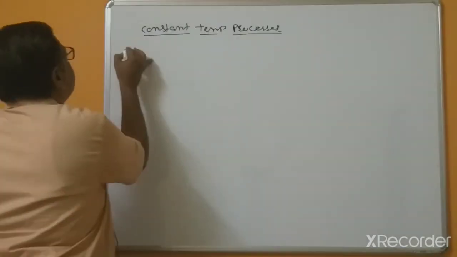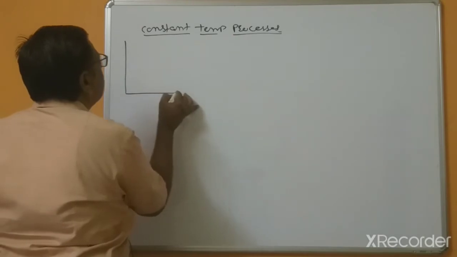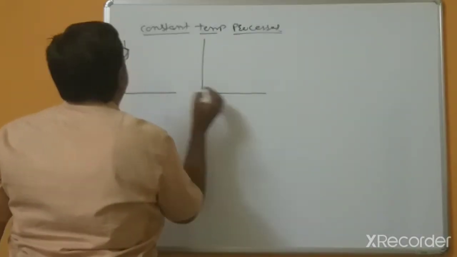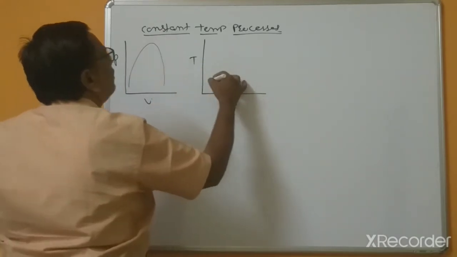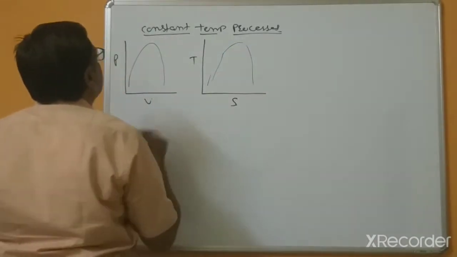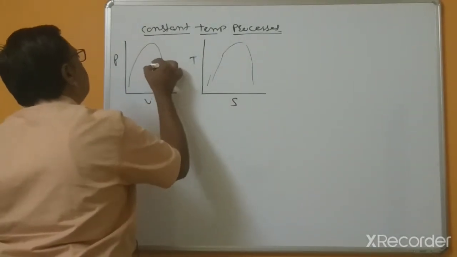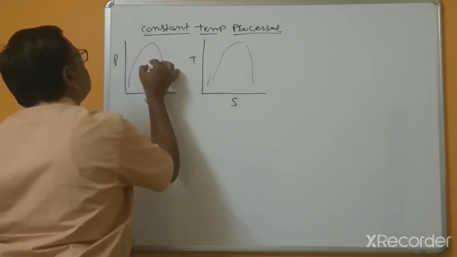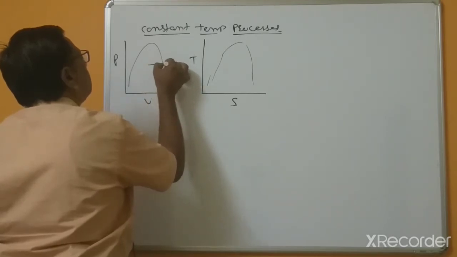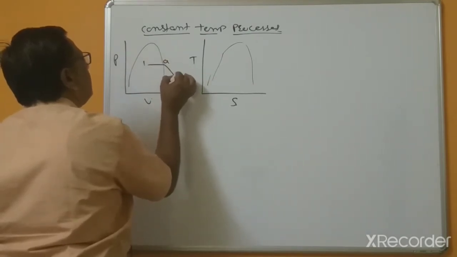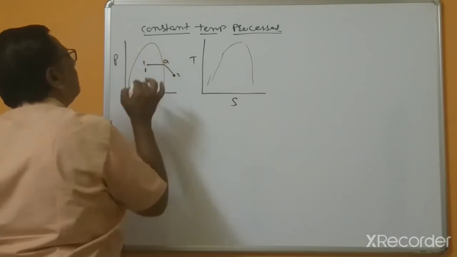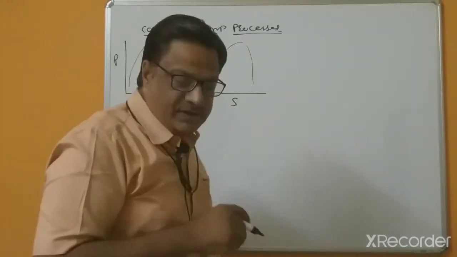If we plot this constant temperature process on PV and TS diagrams, this is point 1 and this is the second point, this is the initial point, and this is the constant temperature process.